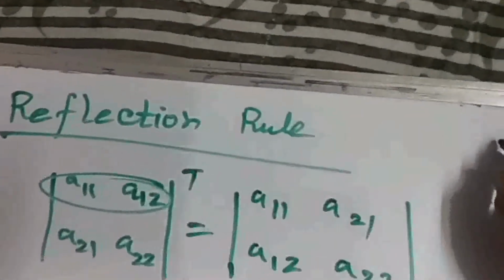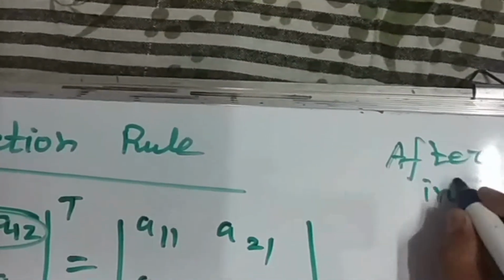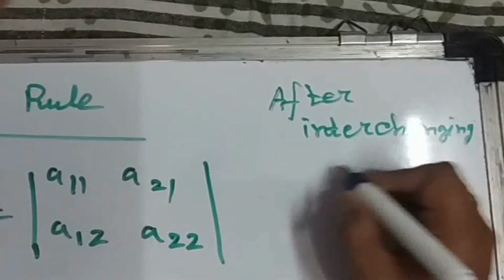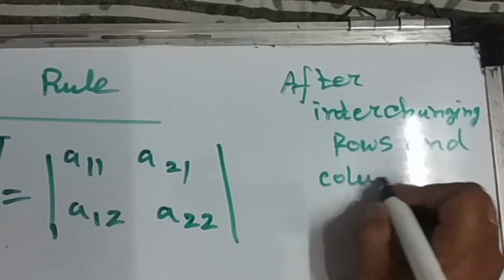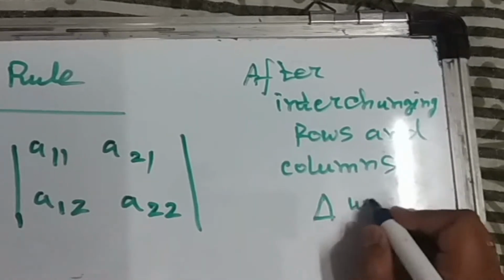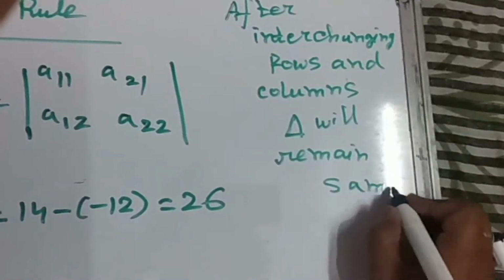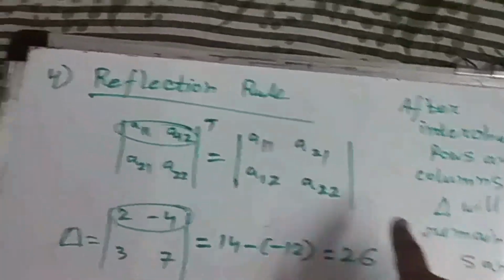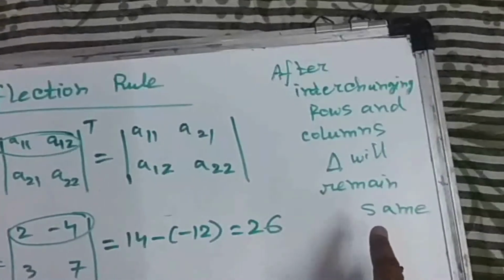Okay, so after interchanging rows and columns, del will remain same, the determinant will remain same and it is called reflection rule. In reflection rule, what is happening? After transposing rows and columns, the determinant will be same.